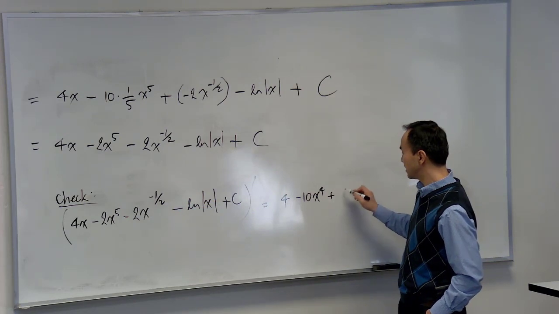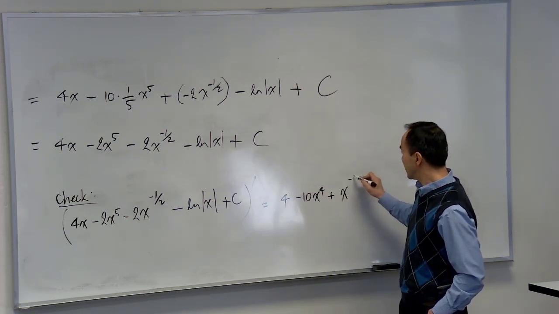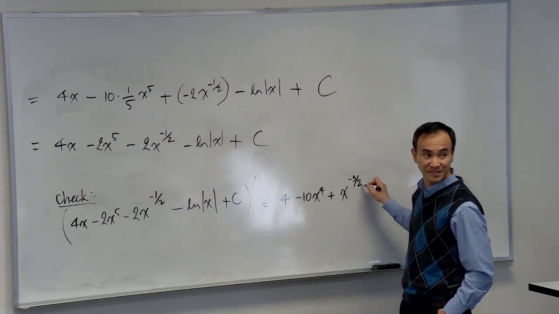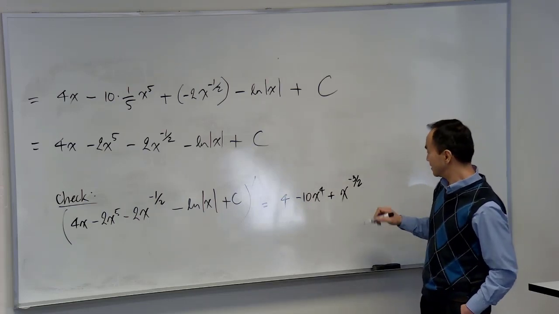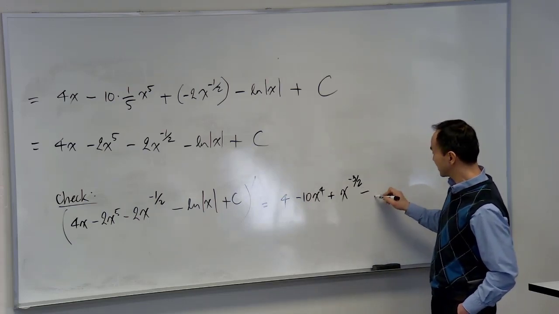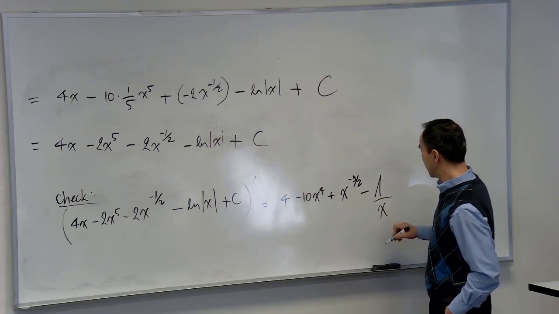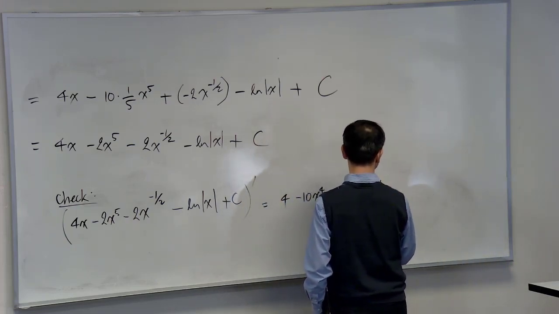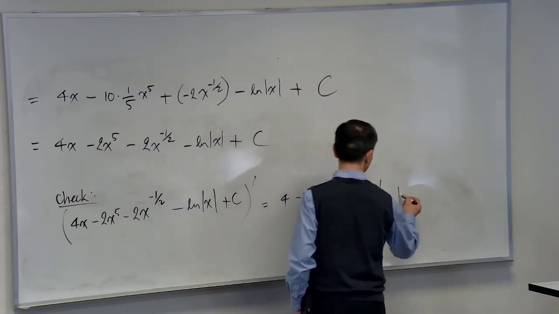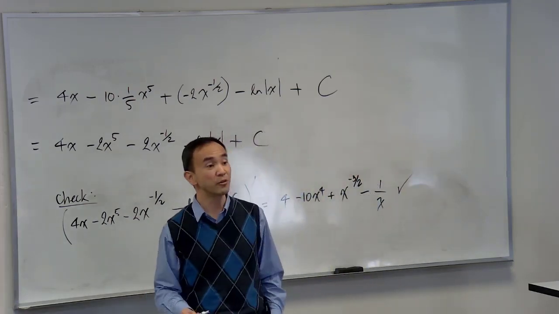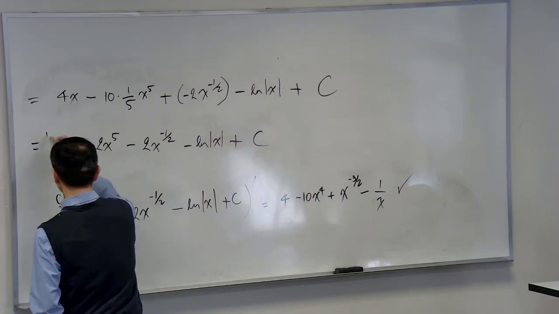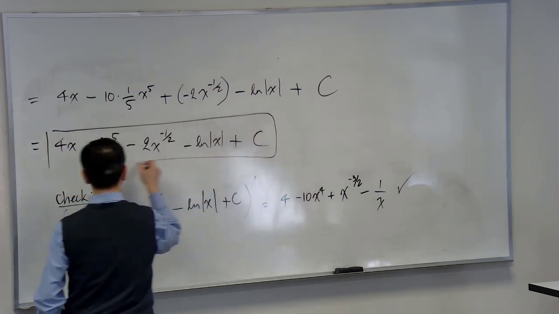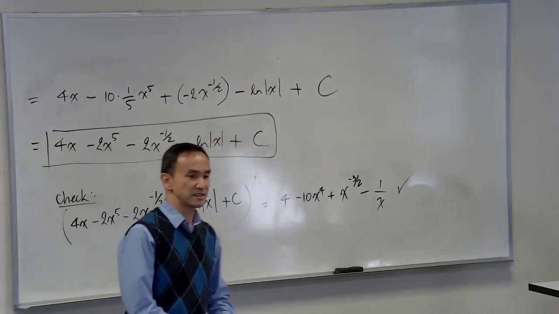So it's plus x to the negative power. You guys follow me on that? And then the minus natural log goes into 1 over x. The constant term goes to 0. So now this is a successful check. Now we can legally put our final answer here in the box, indicating that it's our final answer.